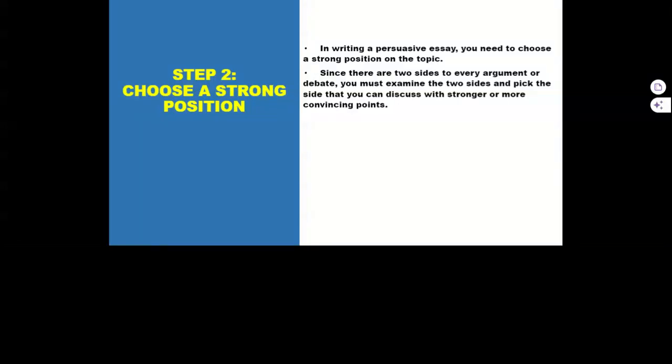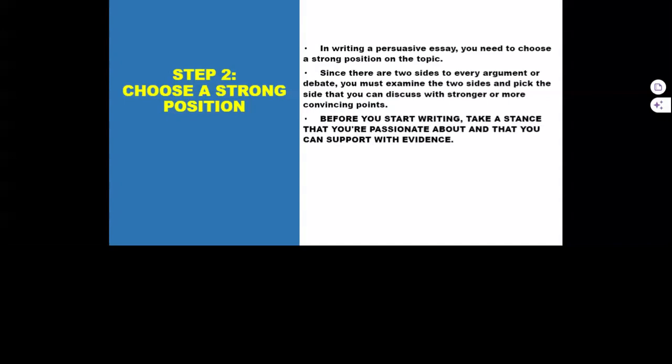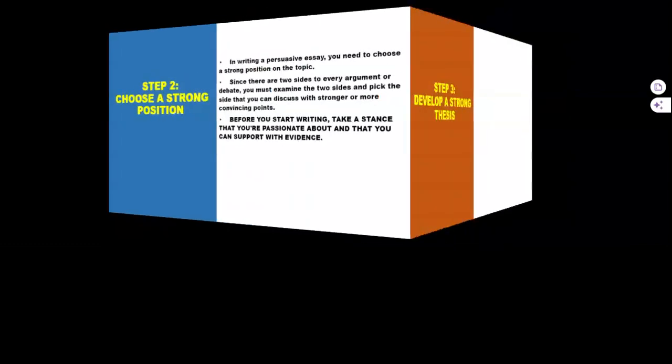You are either supporting the motion or you are opposing the motion, and so you have to pick one side out of the two. Before you start writing, take a stance that you are passionate about and that you can support with evidence. This brings us to step number 3, which is to develop a strong thesis.